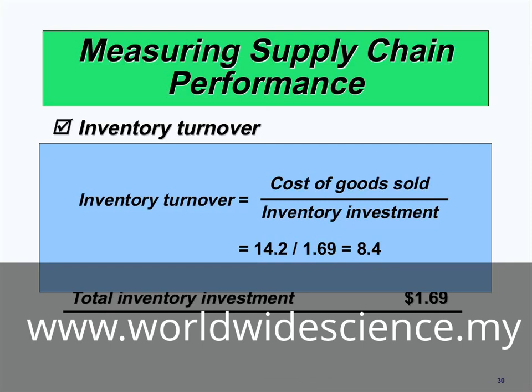It means the company that has done better, with high performance, has less inventory turnover. When the inventory turnover number increases, it shows that the performance of the supply chain decreases. They are opposite to each other.